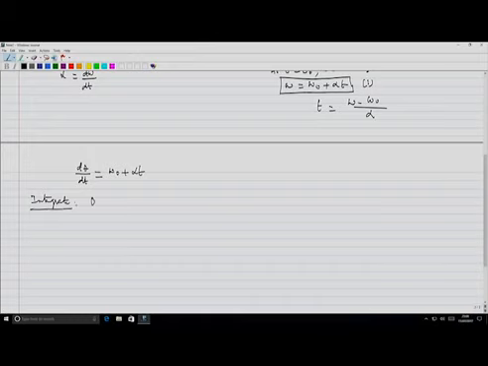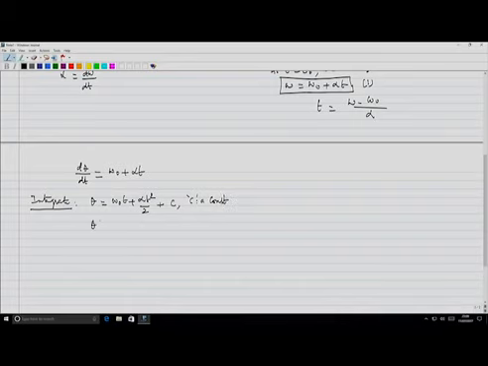What will I get? Theta is equal to omega naught t plus alpha t squared by 2 plus a constant of integration, c, a constant. It's a constant of integration.